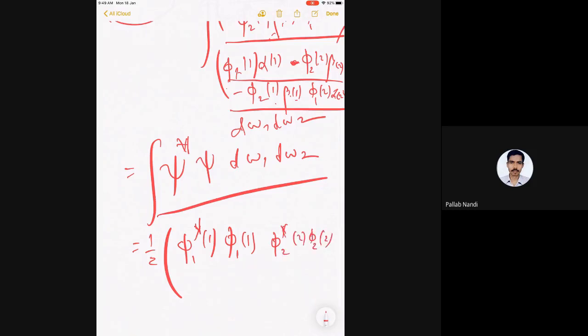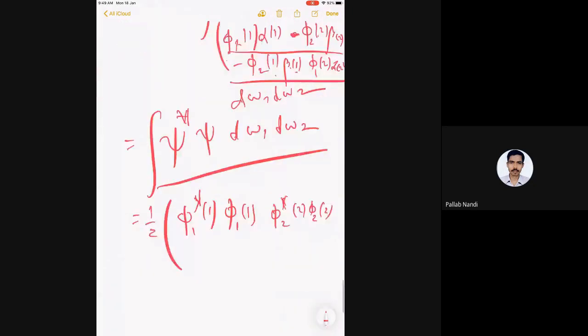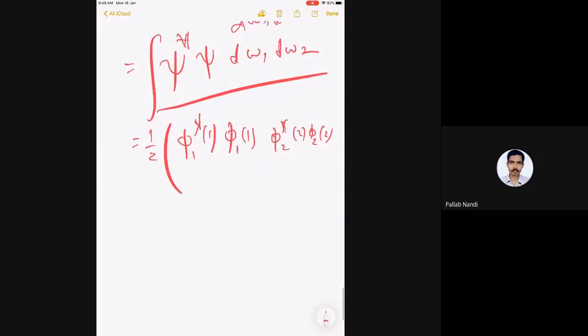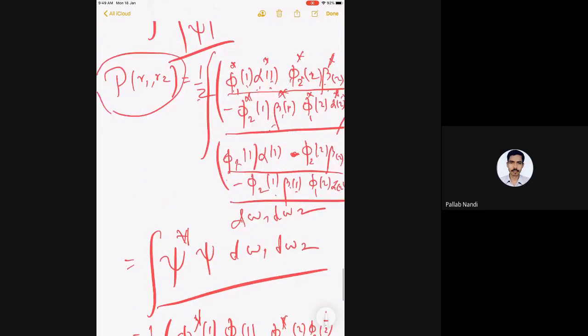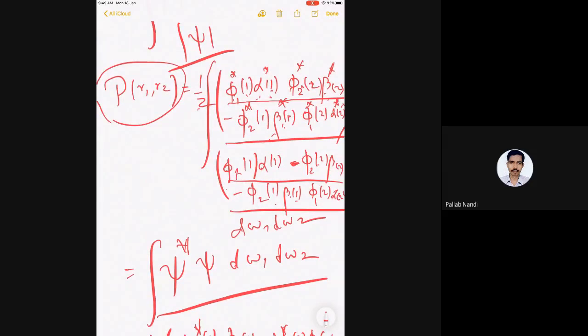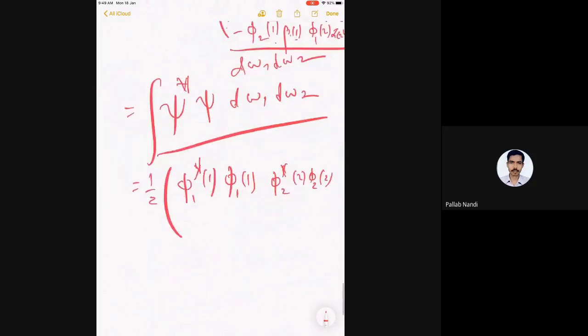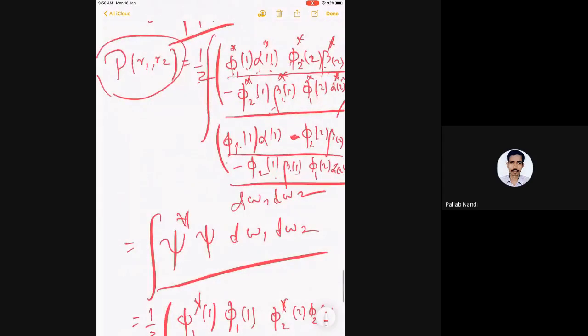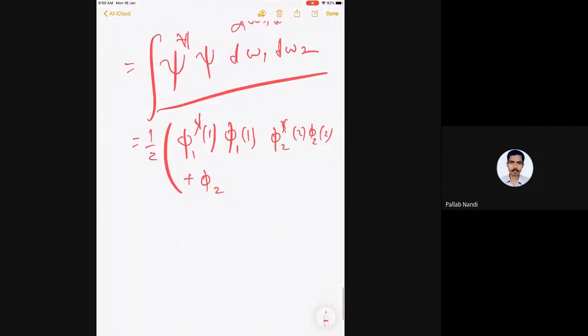It's a density P of R1 R2. So there is no integration over R1 and R2. I'm just writing. And then I have similarly just this term surviving, which is phi 2 star 1, phi 2 1, phi 1 star 2, phi 1 2. So plus, it's an interchange. Phi 2 star 1, phi 2 1, sorry, phi 1 star 2, phi 1 2. So that will be your P of R1 R2.